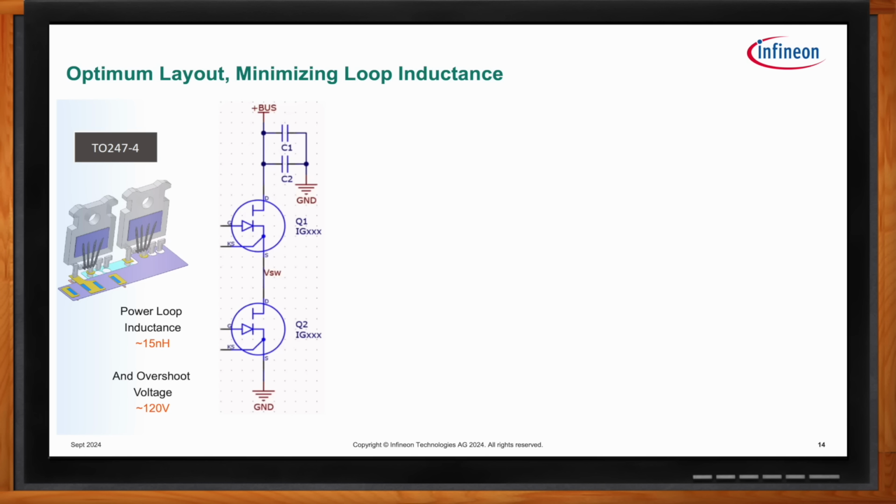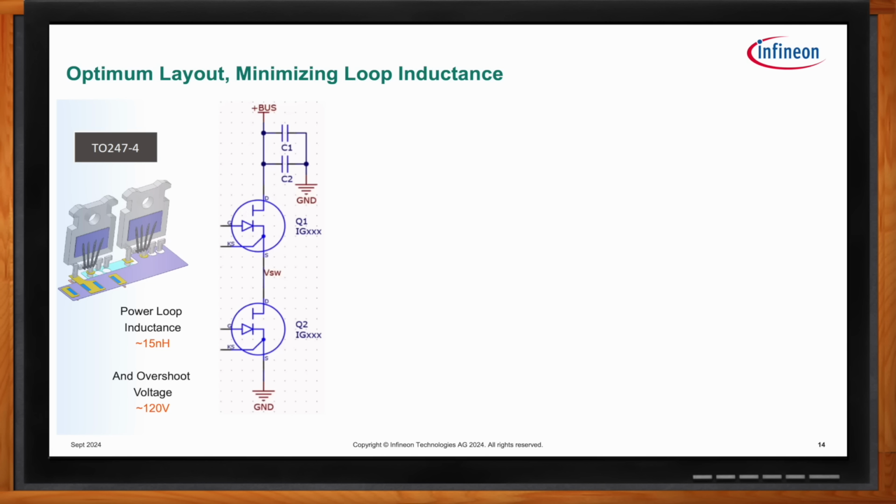In turn, the Q1 source, you can see, is connected to the drain of the Q2 on the right side through the turquoise color inner layer, and eventually to the source of the Q2, which is then connected to the ground plane, which completes the circuit by returning back to C1 and C2 on the top layer. A typical power loop inductance with such a layout could be around 15 nanohenry. And as noted earlier, with fast switching devices, this could result in an overshoot of about 100 to 120 volts.